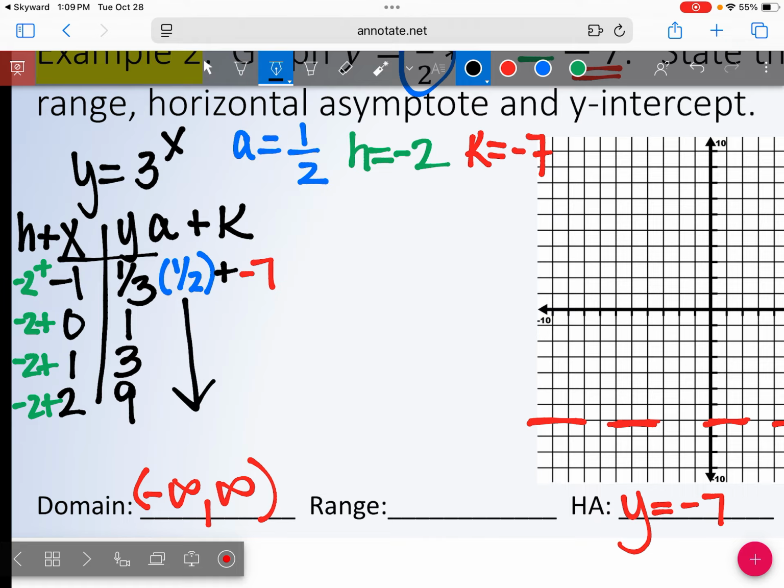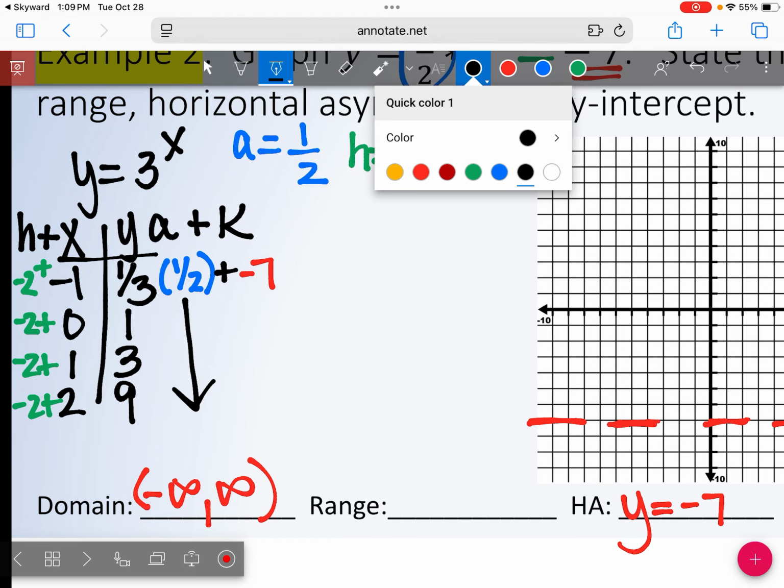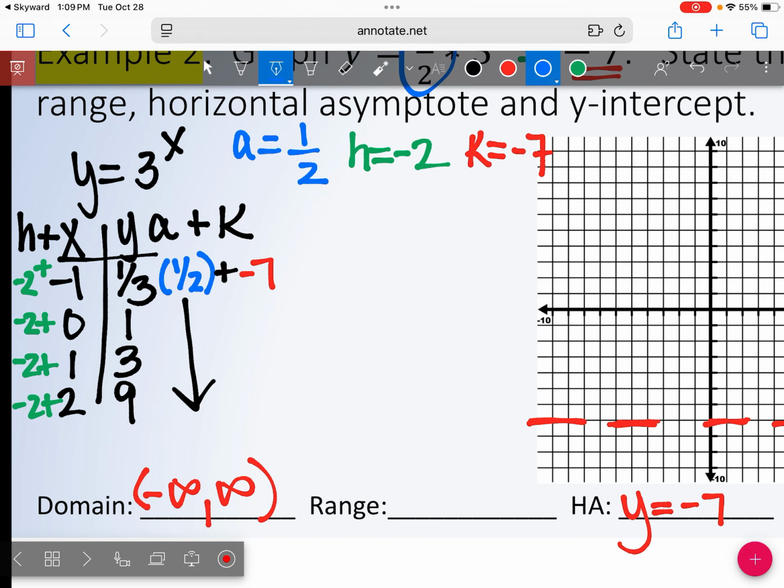So I'll give you a moment to come up with your new table. I'm going to freeze my screen and you try to find yours. You're going to have a lot of decimals in the Y value. That's okay. We'll do the best we can.